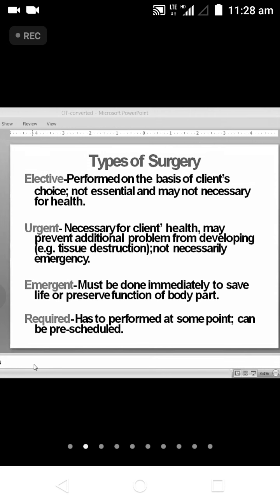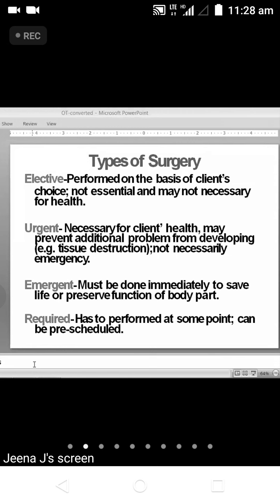When they are filled with mucus or sputum production, it becomes an infection. So they will go for sinus operations to remove or clean the sinuses. That can also be considered a required surgery.